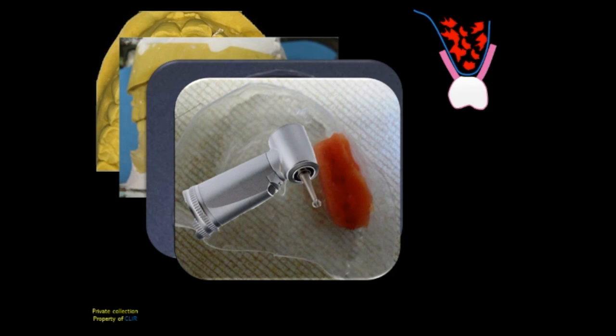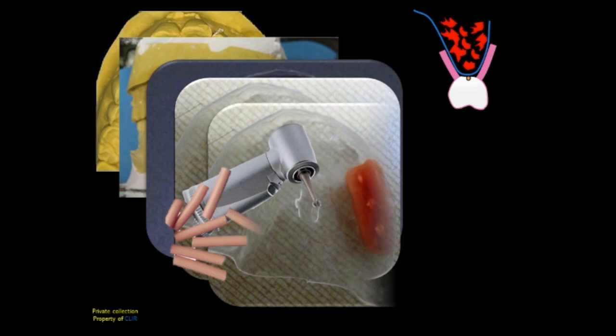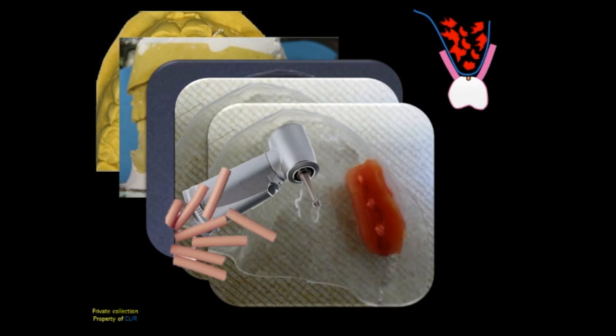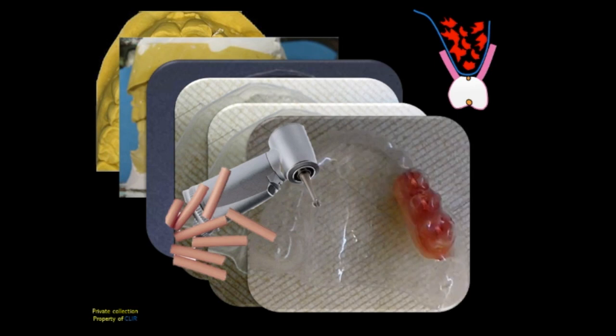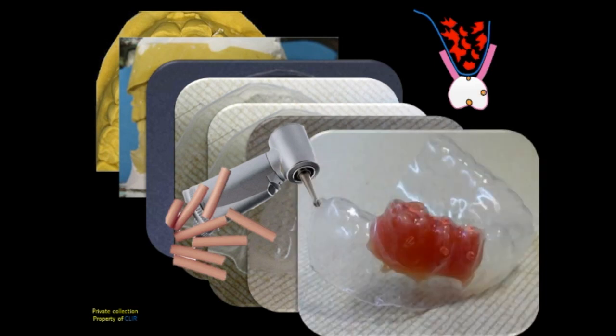With around 1 mm burrs, 3 holes are drilled and filled with gutta percha: one in the central fossa, one at the level of the gum, and one at the buccal maximum of convexity.